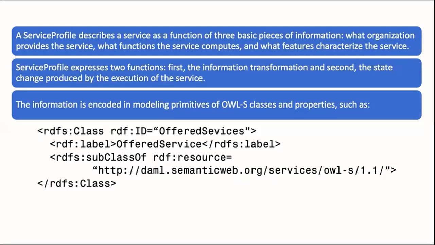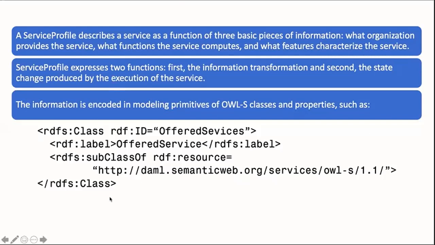Although the service profile and the process model play different roles during the transaction, they reflect the same service. And so the input, output parameters, and effects are related. The information is encoded in modeling primitives of OWL-S classes and properties such as it is given here.